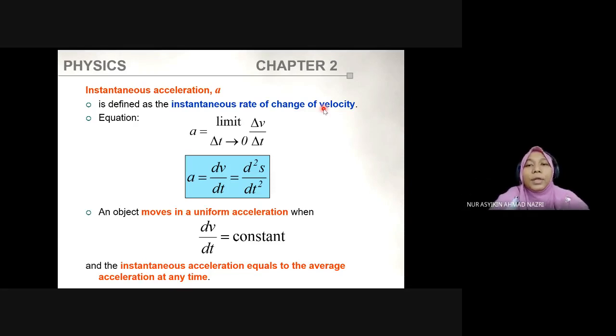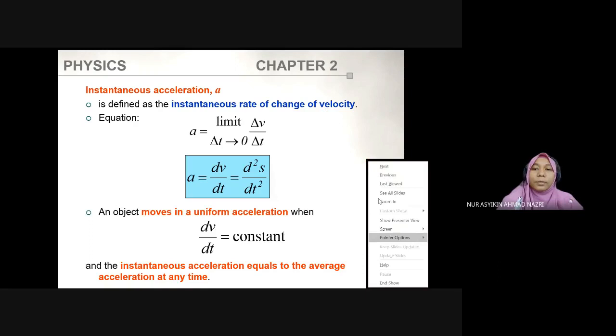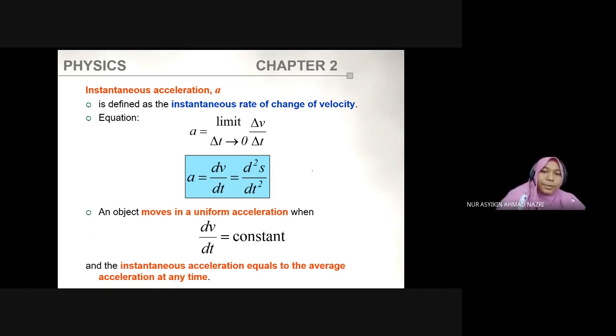Alright, so contoh. Sekejap ya, saya tunjukkan. Okay, so it's not the same dengan average acceleration. Contoh, average acceleration, dia akan consider from when the object move from this point to the other point, A to B. Acceleration average ni. Okay.